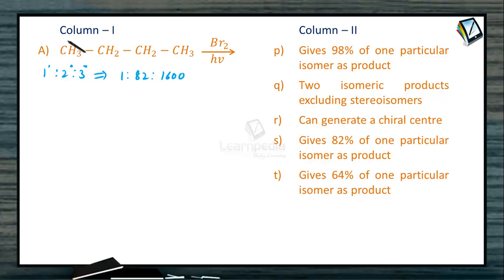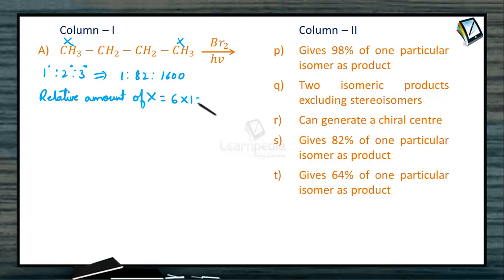Let me consider that the product formed is X when we replace the primary hydrogen with the bromine. So I say the relative amount of X which is formed by the replacement of one of the primary hydrogens with bromine. So there are 6 primary hydrogens and the reactivity is 1.